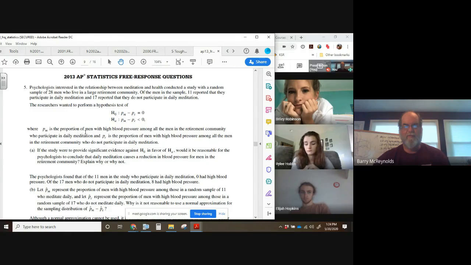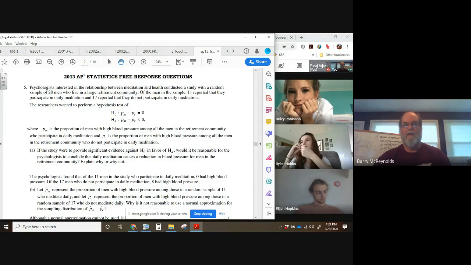PM is the proportion of men with high blood pressure who participate in meditation. PC is the proportion of men with high blood pressure who do not participate in daily meditation. Okay. So PM is the proportion who meditate, PC is the proportion who do not.